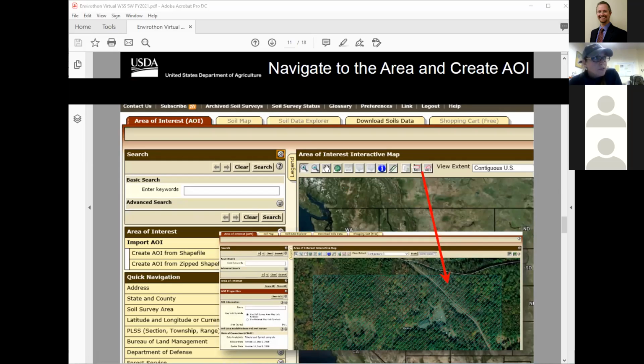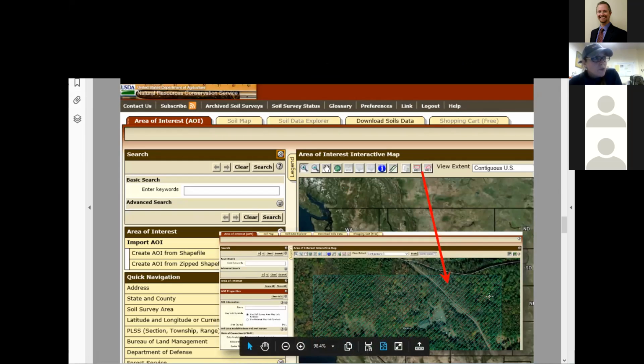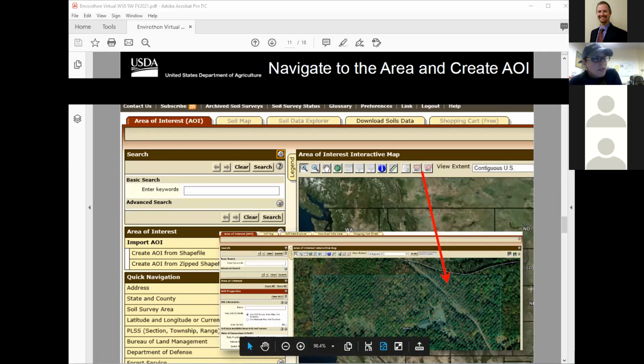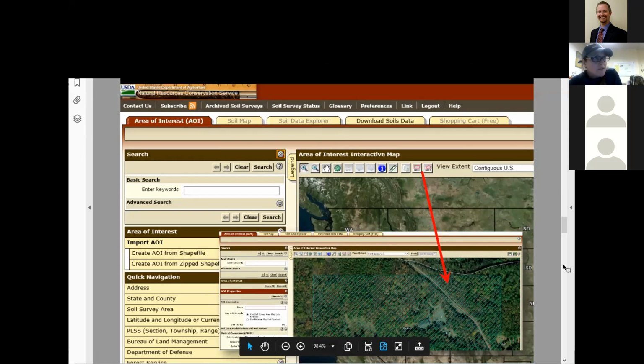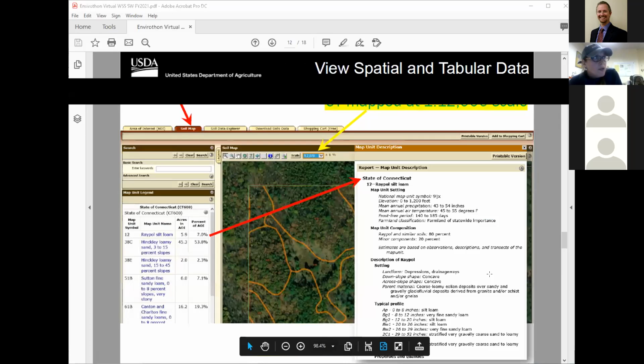So here I've clicked my rectangle, I've drawn my rectangle, and this blue hash box appears showing that an area has been selected. And when that happens, these other tabs up top will actually open up. They won't be grayed out. So you can see my area here.